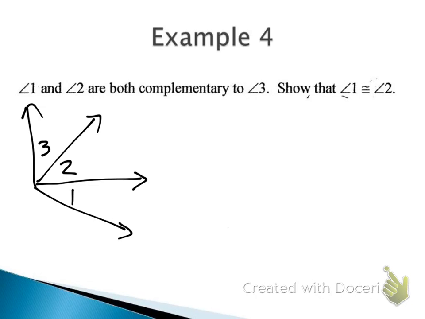If angle 1 is complementary to angle 3, then I know that the measure of angle 1 plus the measure of angle 3 is equal to what, Julian? So the measure of angle 1 plus the measure of angle 3 is equal to 90. I know that by the definition of the word complementary.